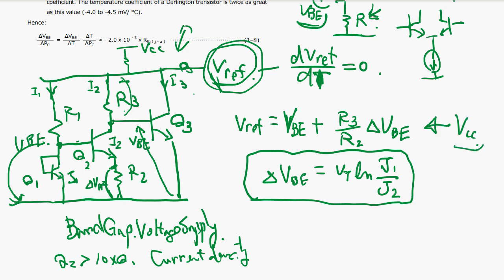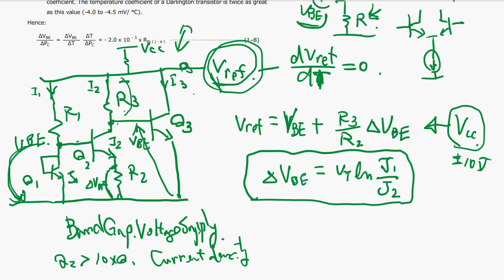It doesn't matter if the VCC changes plus or minus 10 volts. This stays the same because it's determined only by the current density ratio and the VBE. And this current density ratio is going to be pretty much the same because we keep this voltage the same.